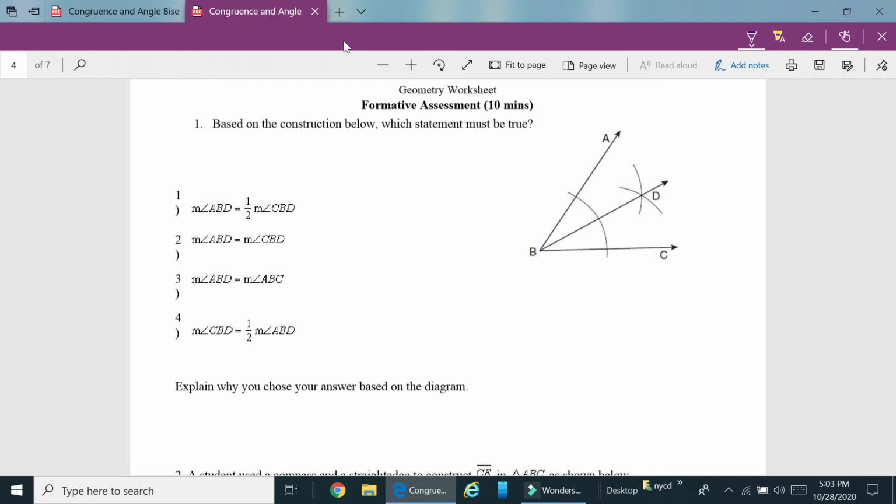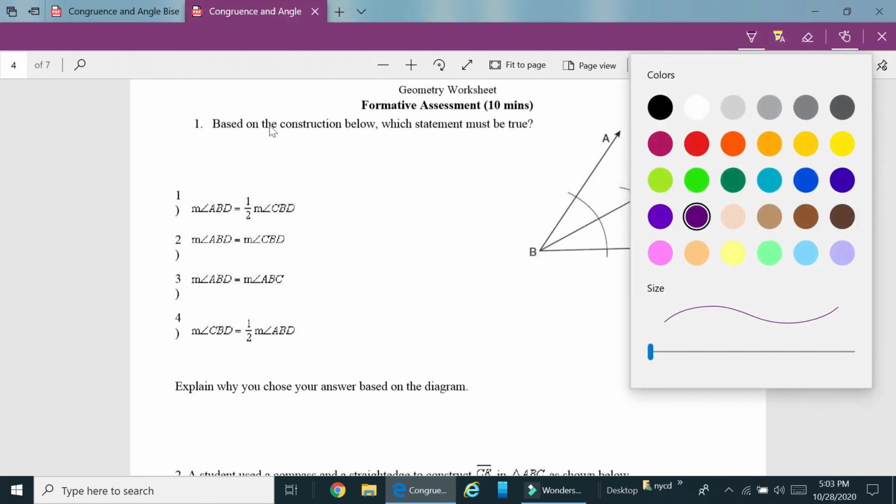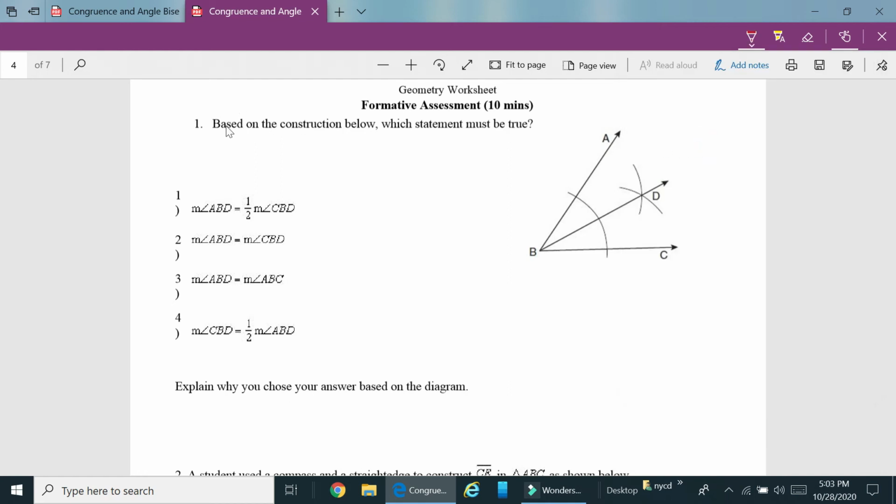Okay, so the way these questions are worded could be a bit tricky. So let's see what it says here. Based on the construction below, which statement must be true? So now is ABD, okay, so it's the angle bisector again. So we know these two angles are cut in half. So ABD, is that a half of CBD?